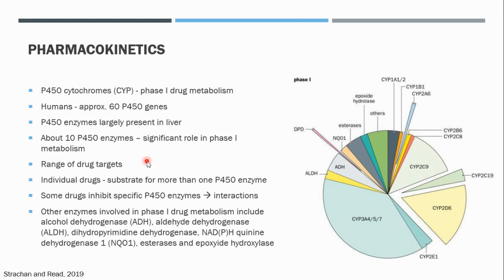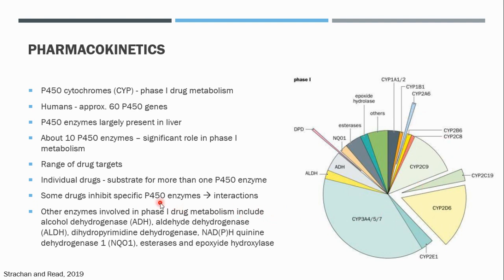P450 enzymes have a range of drug targets, and individual drugs can be the substrate for more than one P450 enzyme. So these enzymes can target different drugs, and different drugs can be targeted by many different P450 enzymes. We also have some drugs that can inhibit specific P450 enzymes.